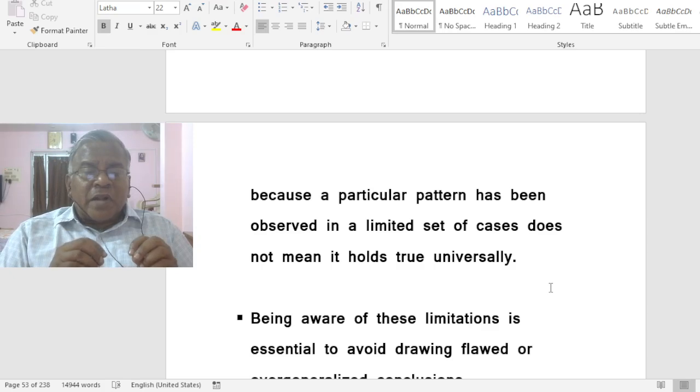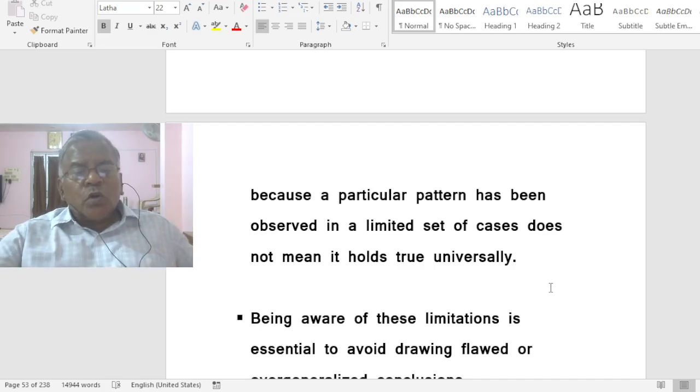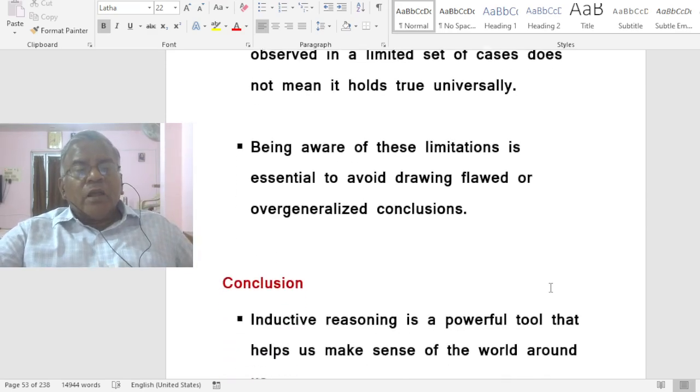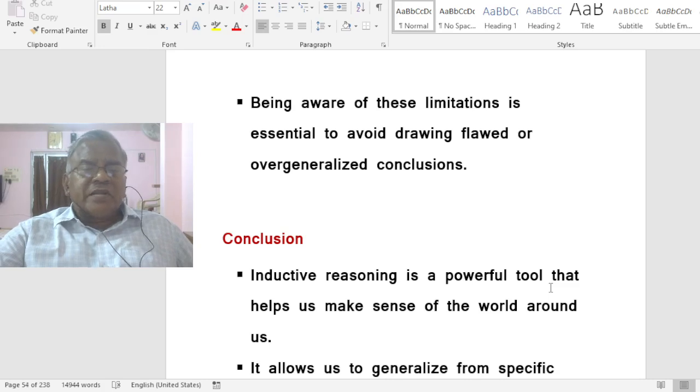A particular pattern observed in a limited set of cases does not mean it holds true universally. Being aware of these limitations is essential to avoid drawing flawed or over-generalized conclusions. Right? So we need to avoid drawing flawed or over-generalized conclusions.